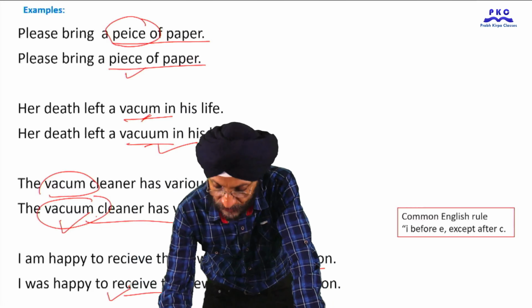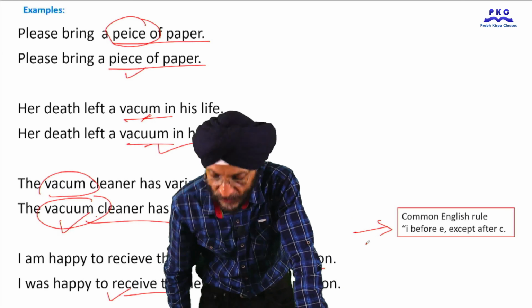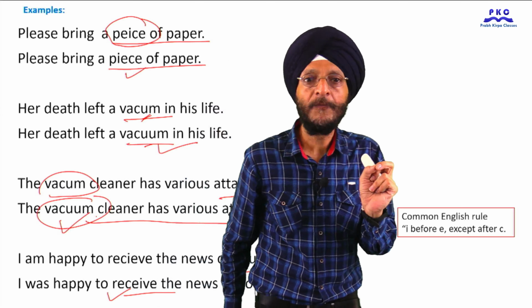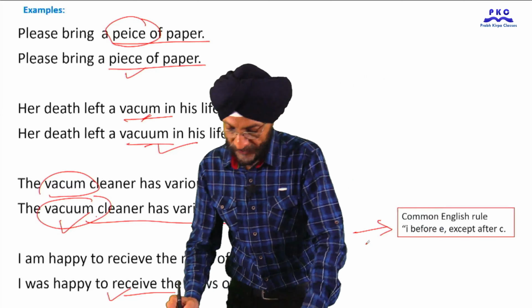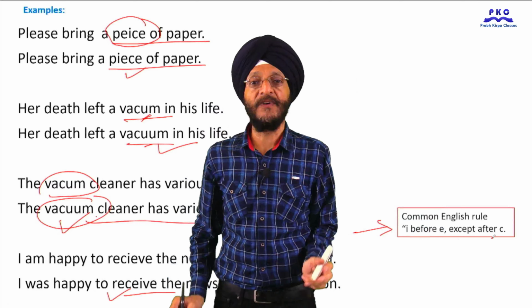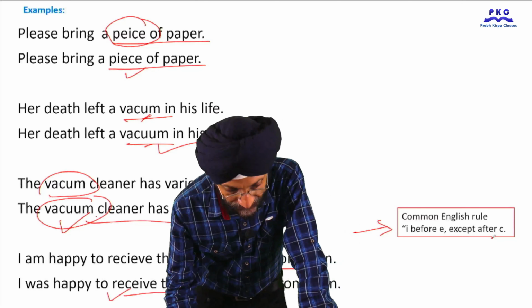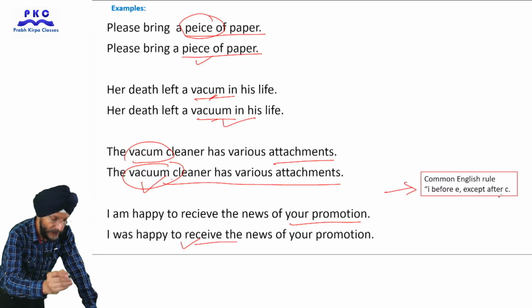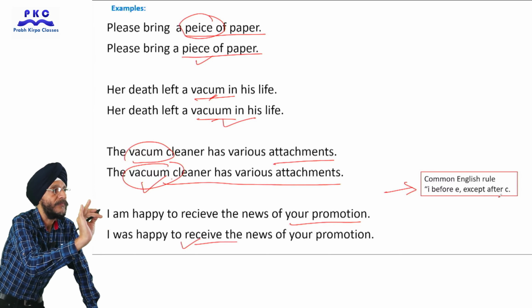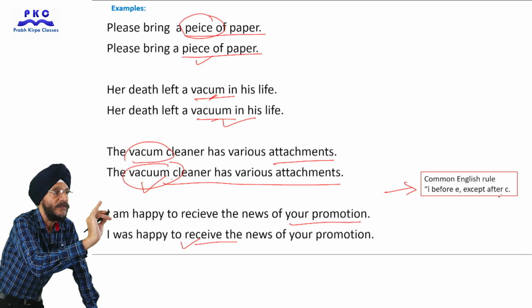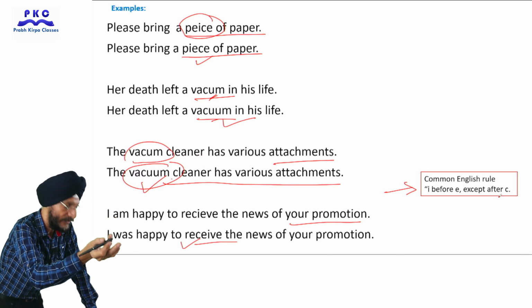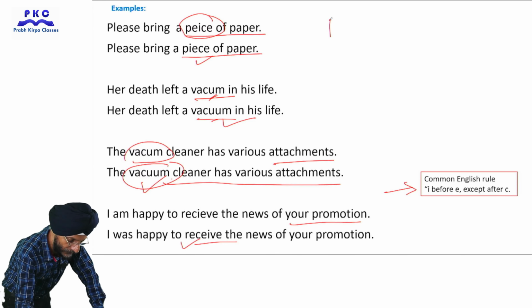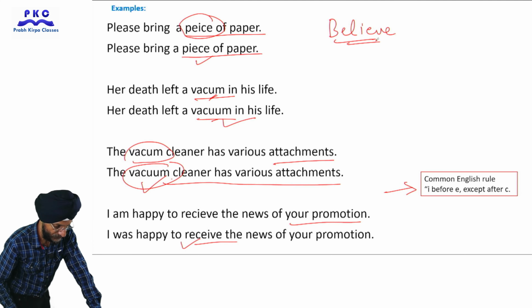Here, you will also see that we have written a common English rule: I before E, except after C. What does it mean? It means that in most cases, I comes first and E comes thereafter. For example, believe, I has come first.